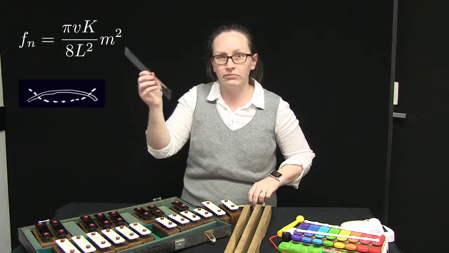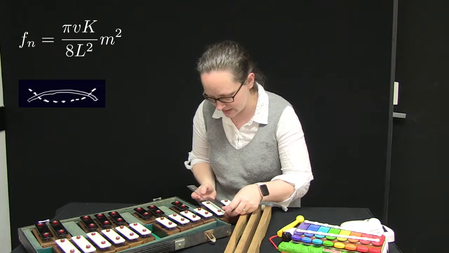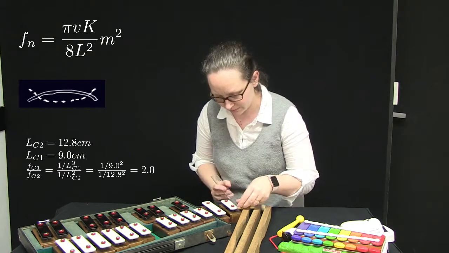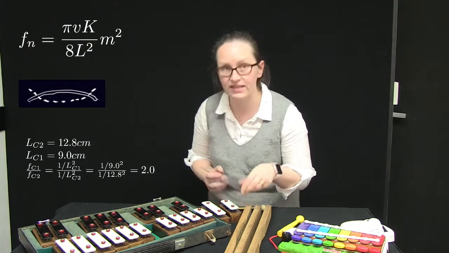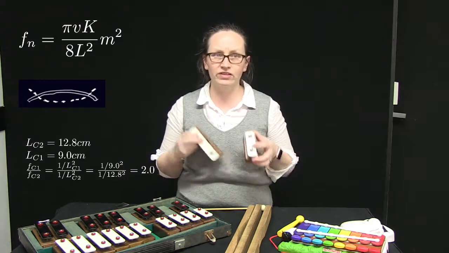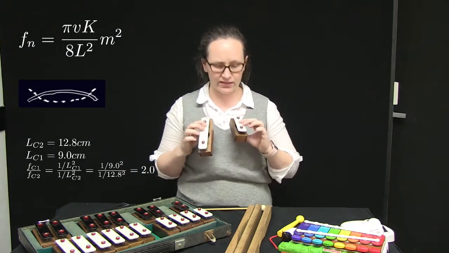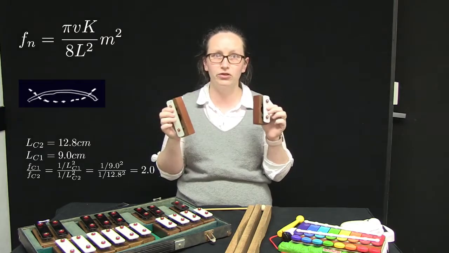Here I've got a ruler, and if I measure the length of this C note, it is 12.8 centimeters, and this shorter C note is 9 centimeters long. So if these are both C notes 1 octave apart, then we'd expect that the frequency of this one divided by the frequency of this one should be 2.